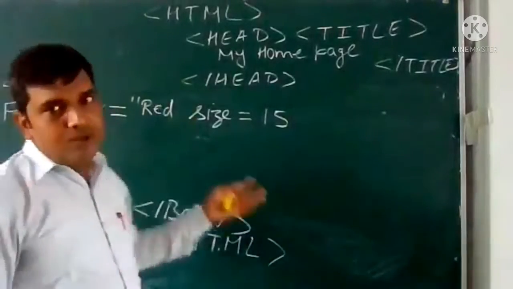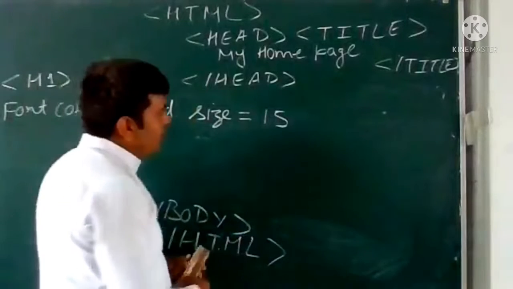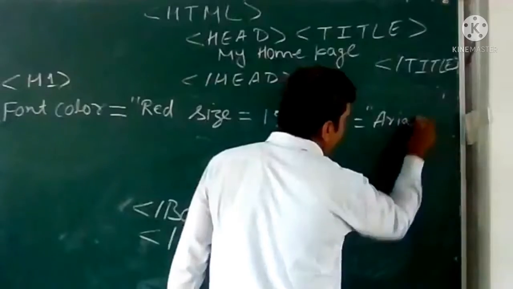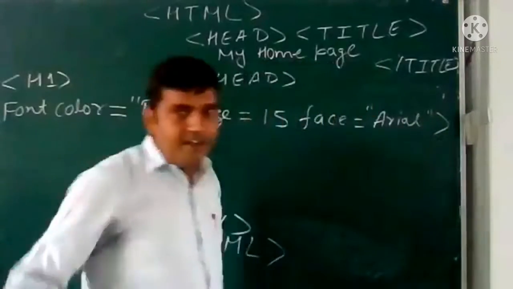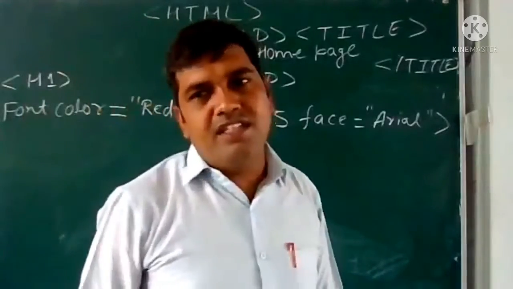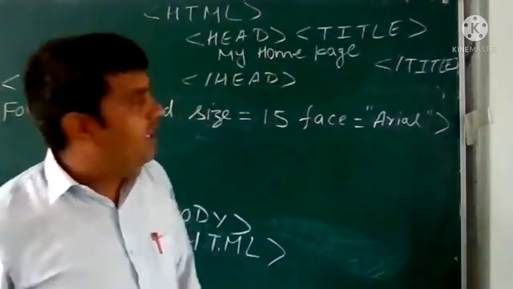Now another attribute we use to change the style of the text is the face attribute. That also you can use. So you can write it here, face. You can write Arial. So many face values are there: Arial Black, Times New Roman, Lucida Handwriting, sans serif. So many values are there that you can see in Microsoft Word in the font style, where you find different types of styles.